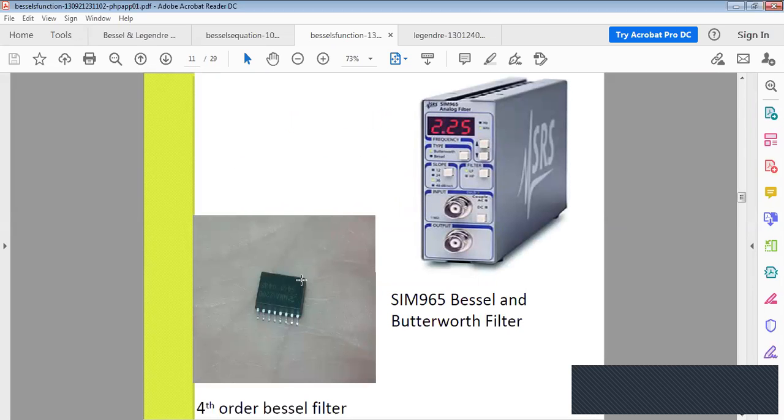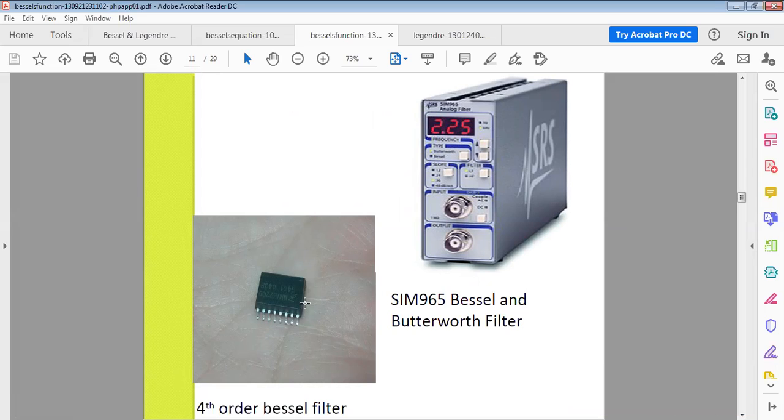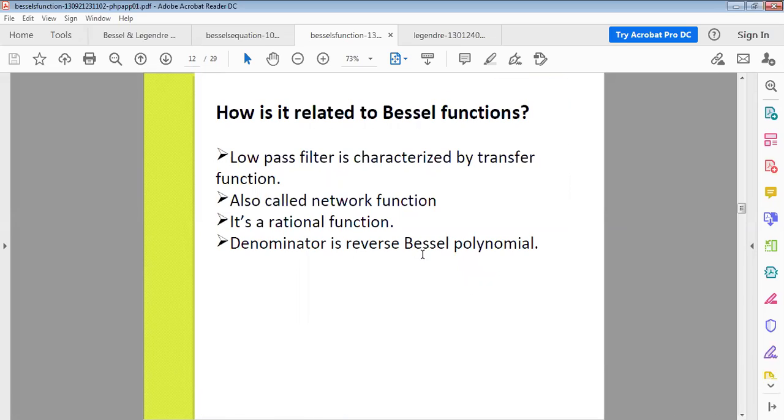I'm just showing you where the Bessel differential equation is applied. This is the fourth order Bessel filter. This is the SIM 965 Bessel and Butterworth filter. These are electronic machineries.